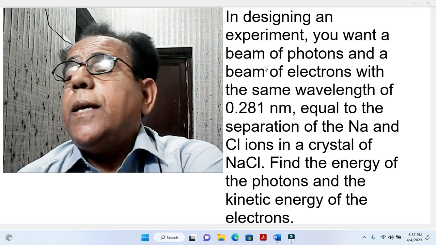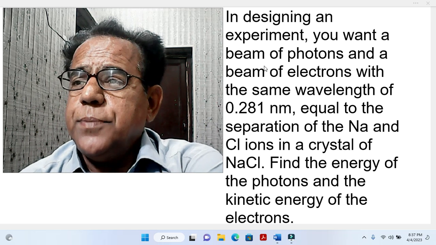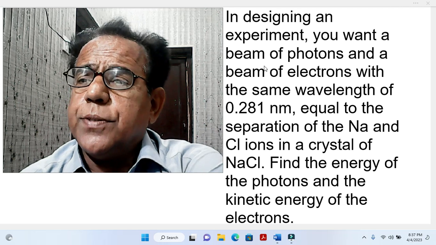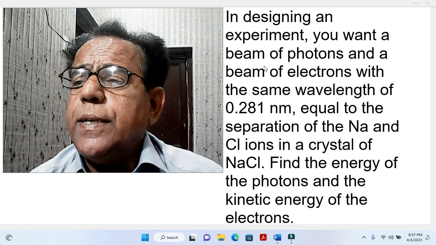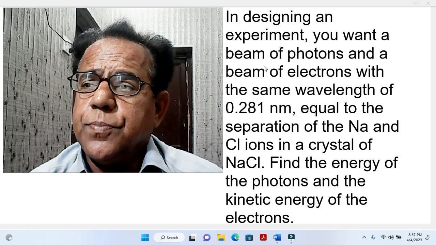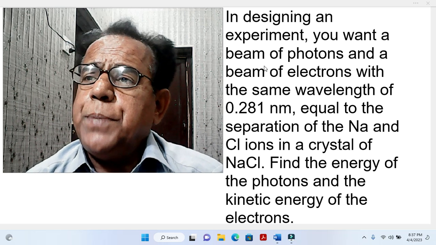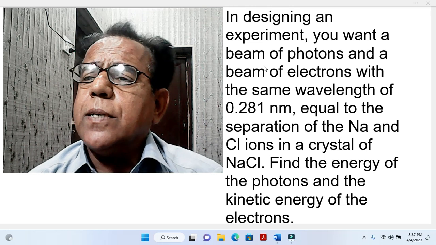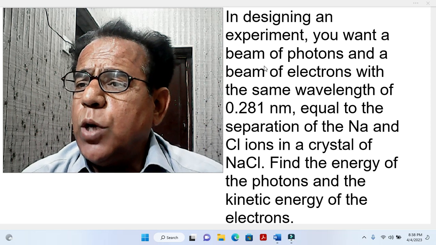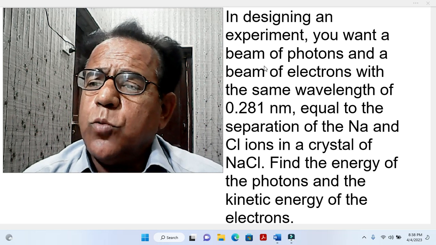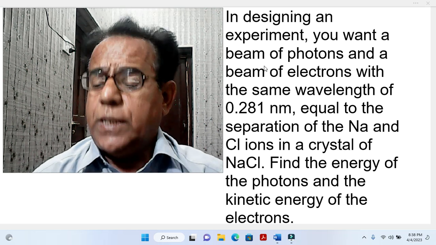In designing an experiment, you want a beam of photons and a beam of electrons with the same wavelength of 0.281 nanometer, equal to the separation of the sodium and chlorine ions in a crystal of sodium chloride. Find the energy of the photons and the kinetic energy of the electrons.